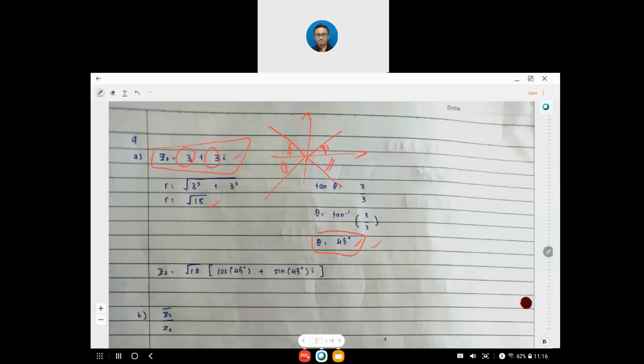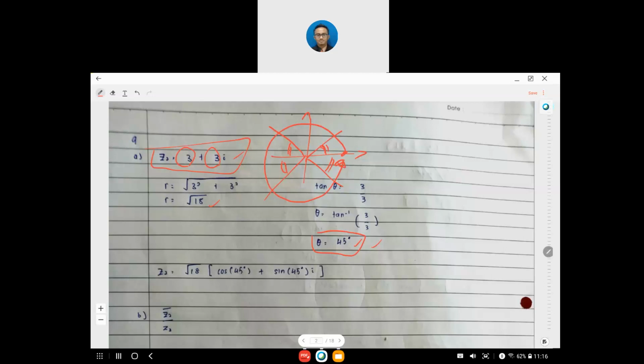But the value we want to find starts from positive X axis goes to here. Okay, anti-clockwise you want to find. But your calculator gives your answer in terms of reference angle. So you need to check which quadrant first.